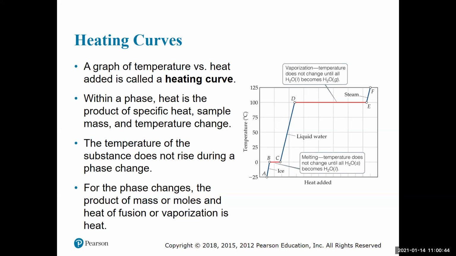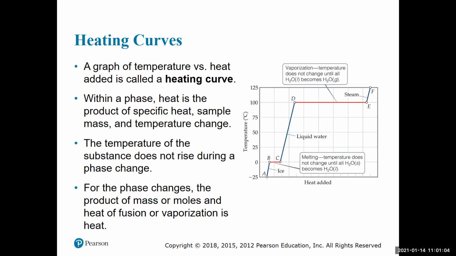So what it tells us is, in this case, if we were to go from this minus 25 up to positive 125, we'd have multiple steps. We'd have to calculate the energy that's involved. We have this minus 25 to 0, the energy calculation there.